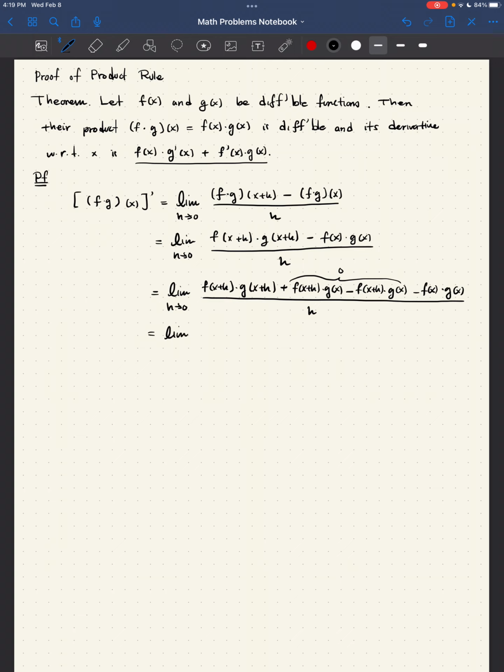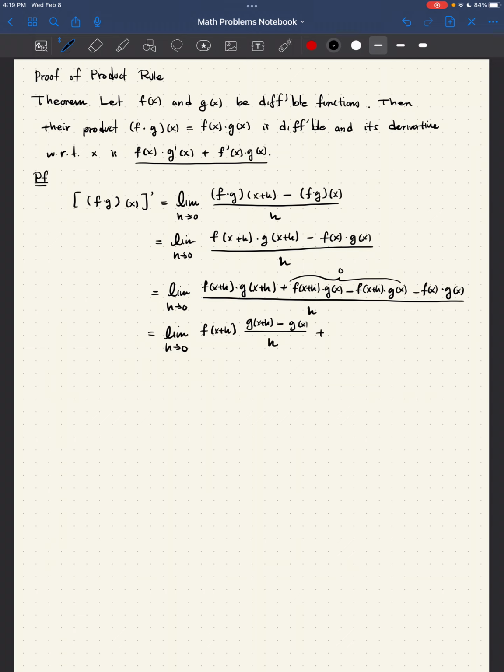I can take the limit as h goes to 0 and then combine the like terms. So for example, I can write f of x plus h times g of x plus h minus g of x, all divided by h, plus.